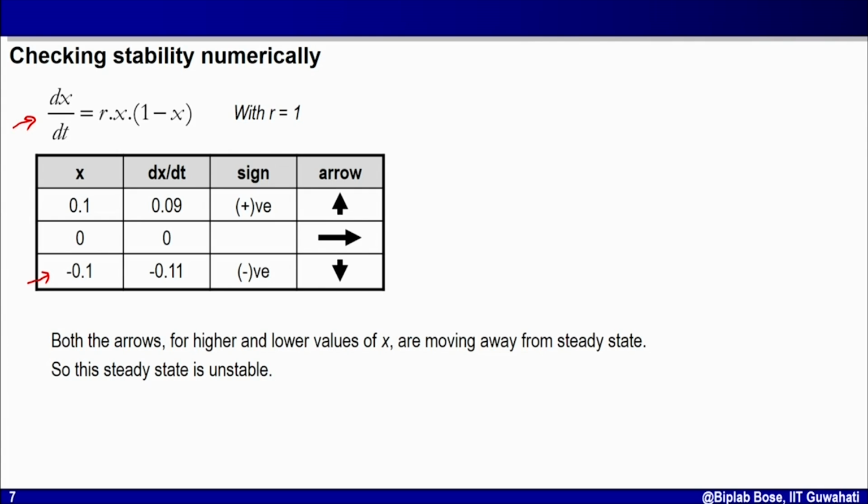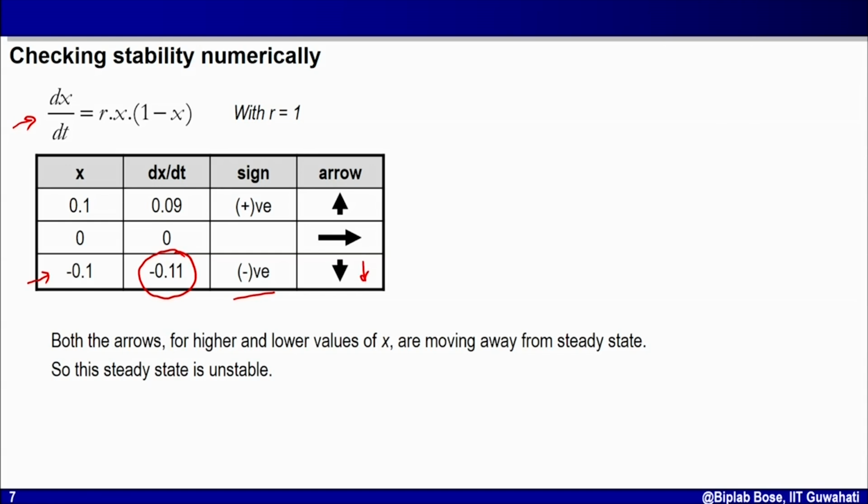If you do the calculation, you will see dx/dt is minus 0.11. The sign of the derivative is negative, and as the sign is negative, it is saying x is decreasing with time. That's why I put an arrow down.